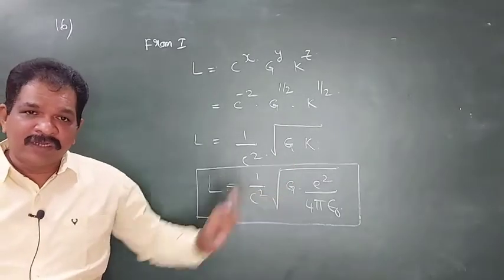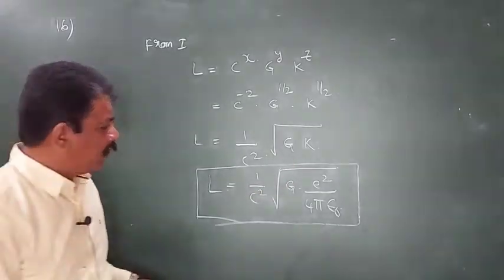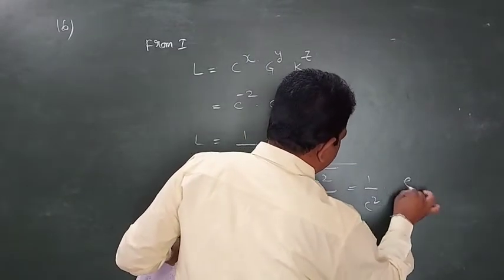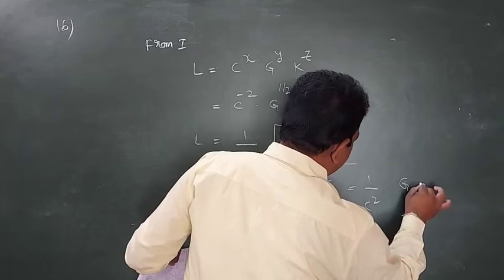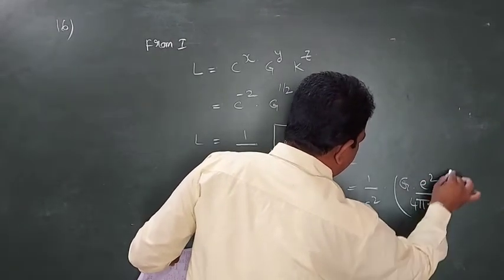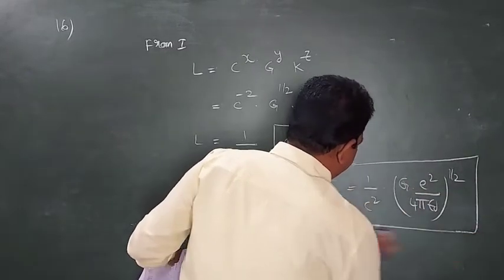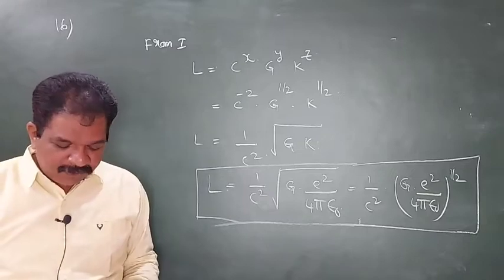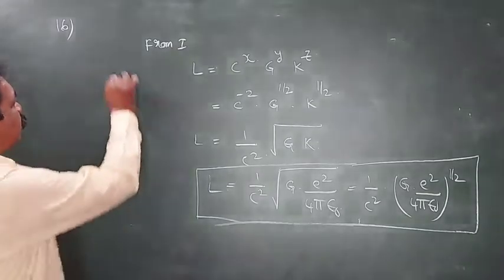This square root we can write as power 1 by 2 also, like this: 1 by c square, g into e square by 4 pi epsilon naught power 1 by 2. Yes. So the option for this will be the fourth option.